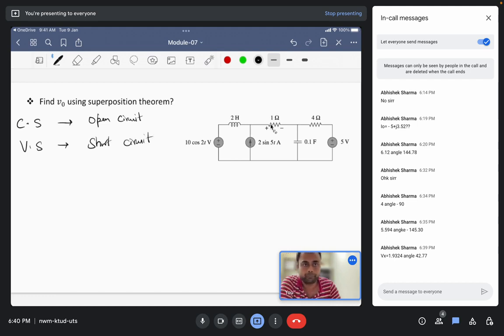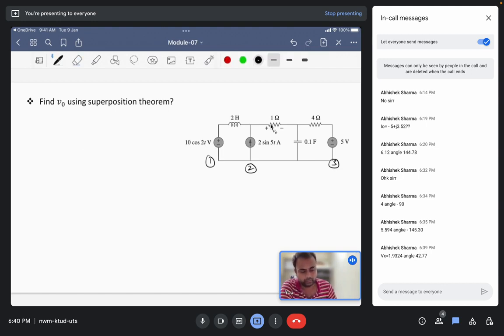So let us first call this voltage source 1, source 2, and this as source 3. Let us take only source 1 and not consider the other sources. We'll just short circuit the voltage source and open circuit the current source.